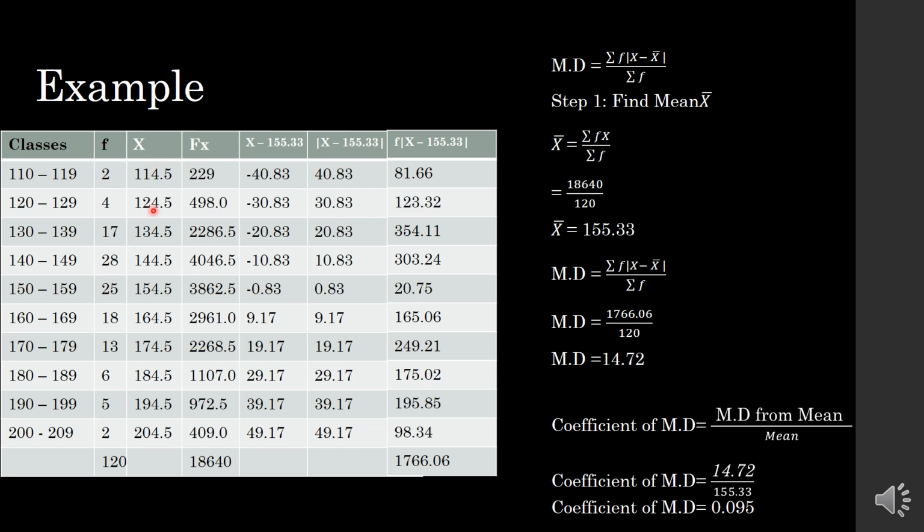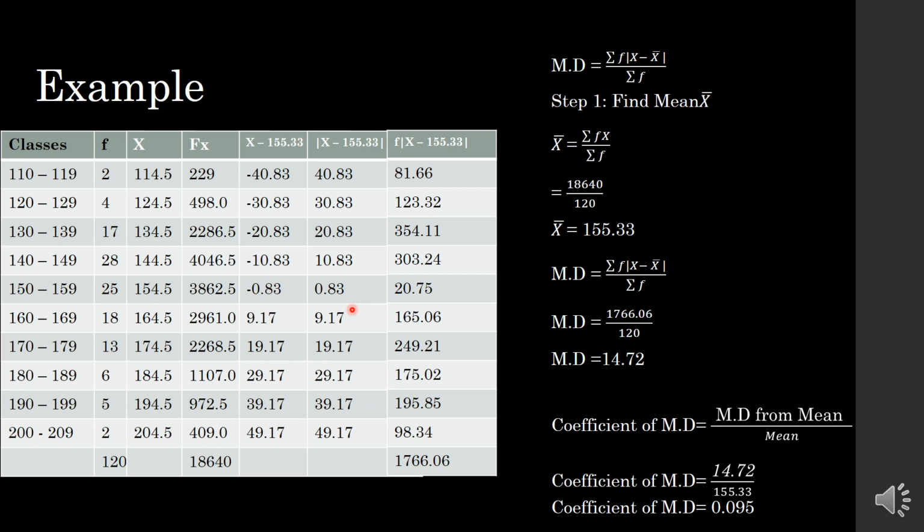For example, from 114.5 minus 155.33 we get minus 40.83. Like this, for all the values we find the difference from our average value, which is the mean value. After that we need to find the absolute values of this difference. So in this column we convert all the negative values into positive values.